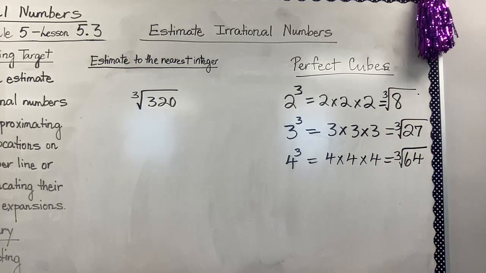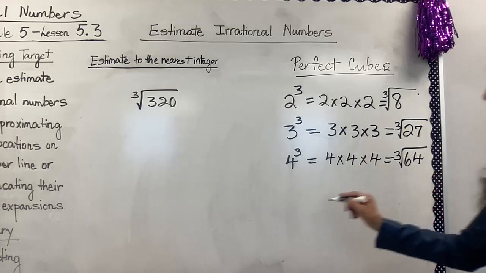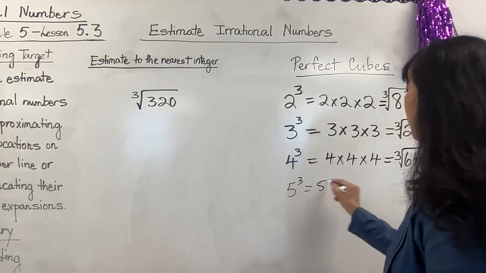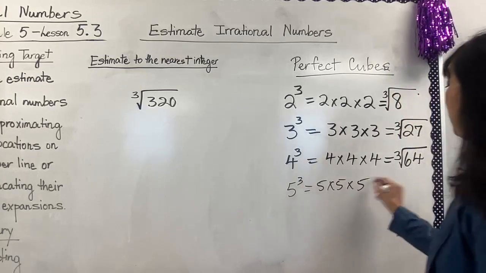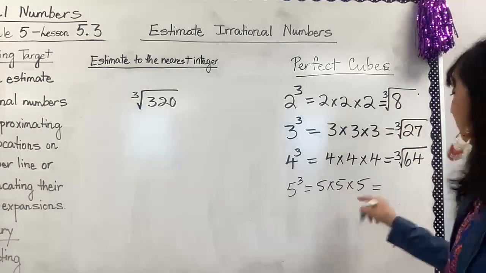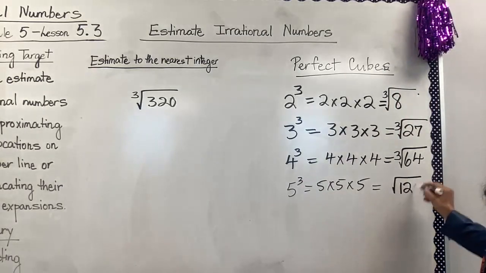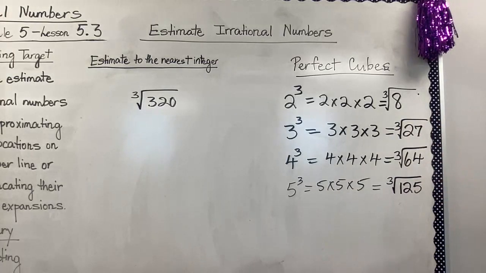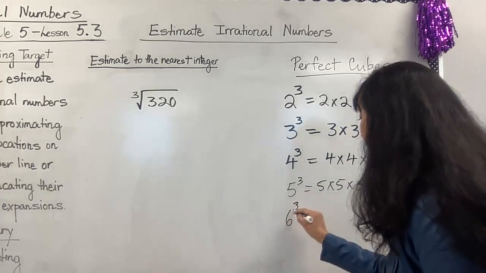And then we have 5 cubed. 5 times 5 times 5, which gives me 5 times 25 times 5, 125. Right? So the answer would be the perfect cubes in this case. This would be 2. This would be 3. This would be 4. This would be 5.